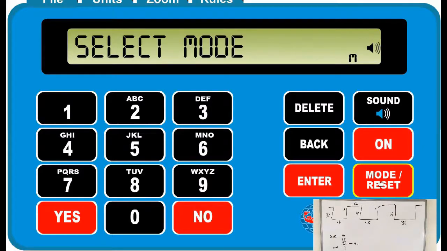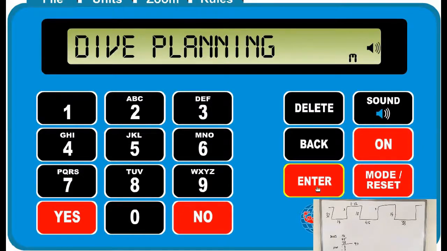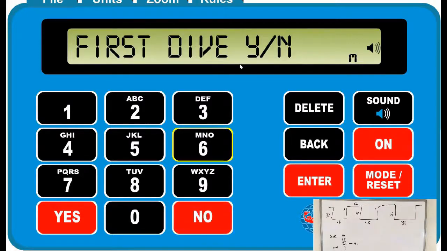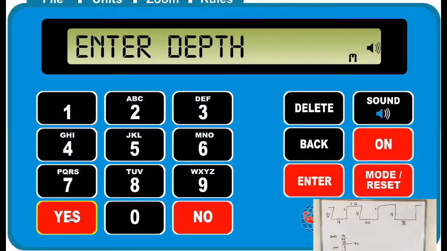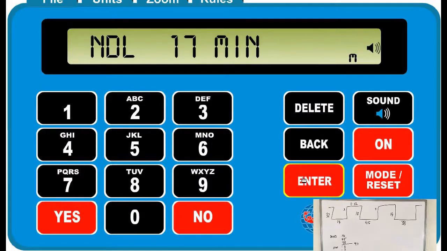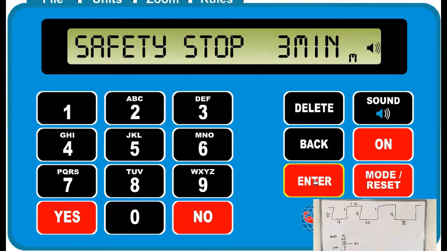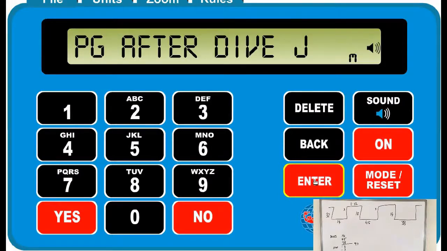Start with dive planning, enter first multi-level no, first dive yes, enter depth of 32 metres, 14 minutes. We're in pressure group J. Now we can put our surface interval of 1 hour and 12 minutes.